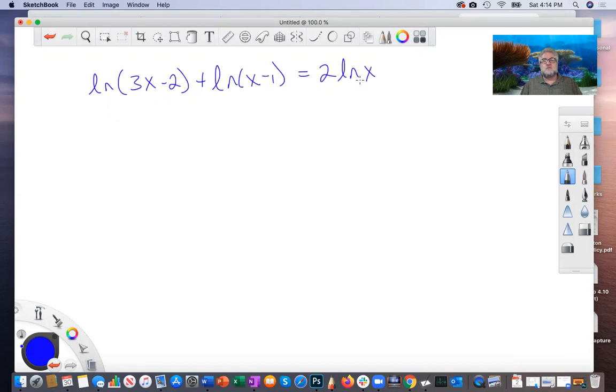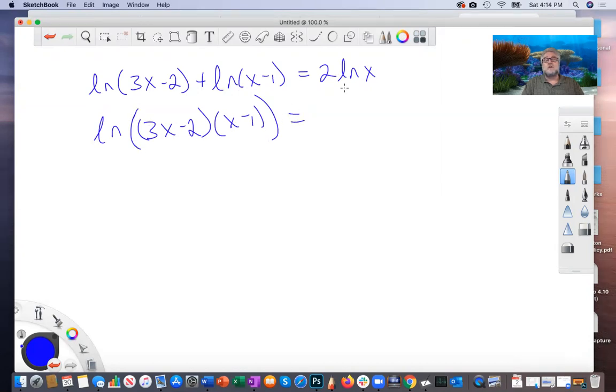Well, you know a bunch of stuff you can do with this. First of all, what do you do when you're adding logs? This is the product rule. I can write this as ln of 3x minus 2 times x minus 1, right? That's all inside the natural log function.